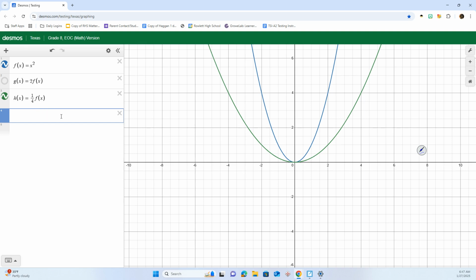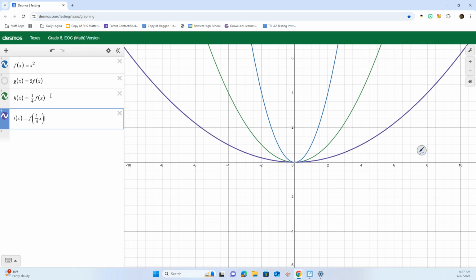Does it matter if the number is inside the parentheses with the x? Let's find out. I'm going to do t of x is equal to it is a vertical compression when you multiply by something outside, and that is between 0 and 1.